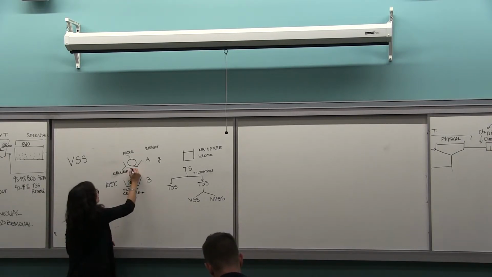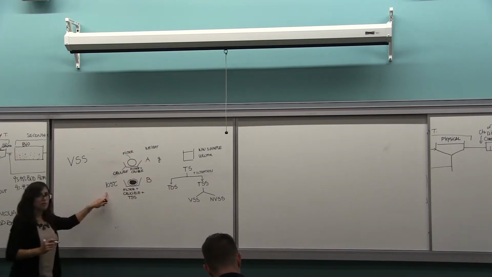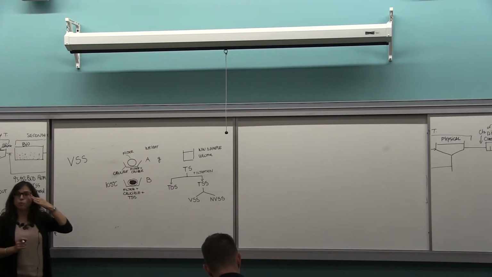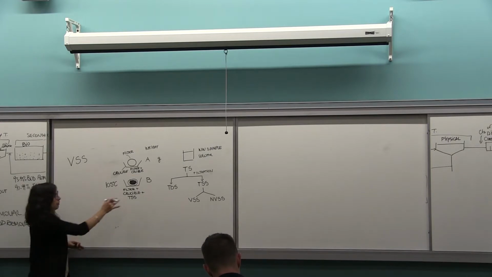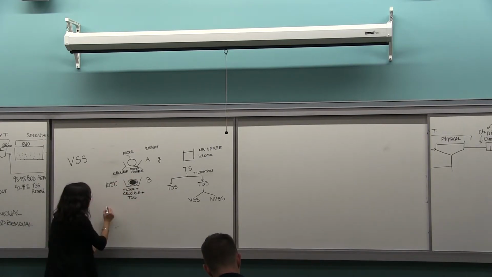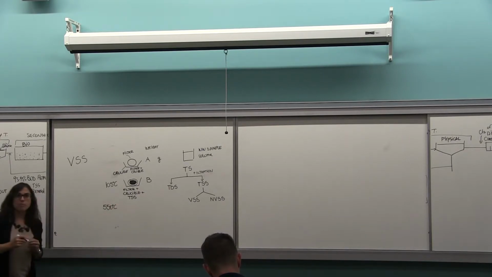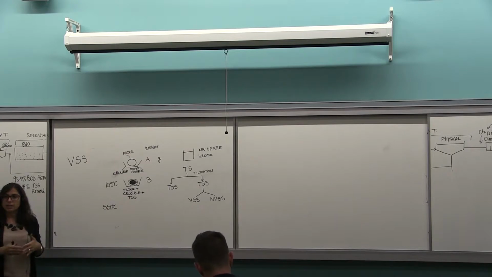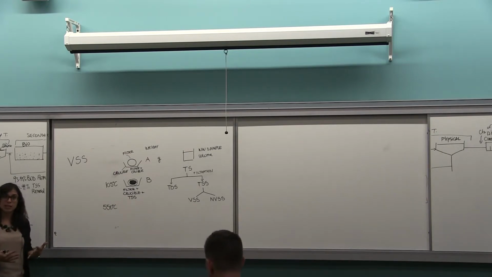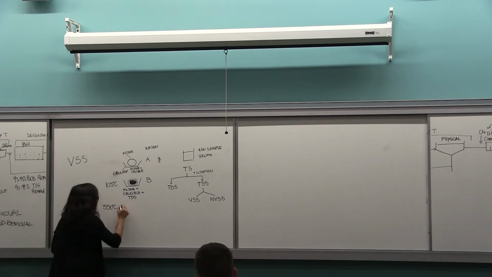Here I had only filter plus crucible. Now 105 degrees only allowed us to remove water. If I now place this at 550, the organic will burn and only the non-volatile will stay.